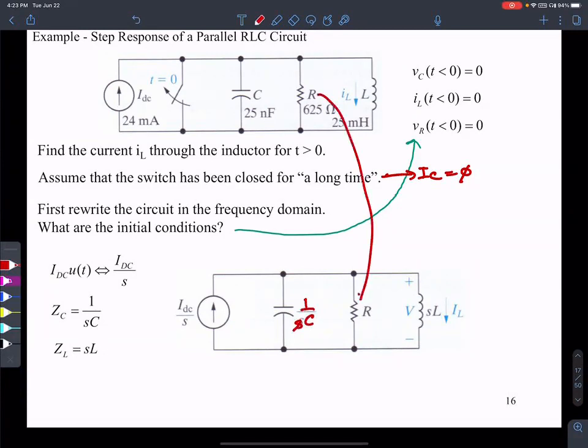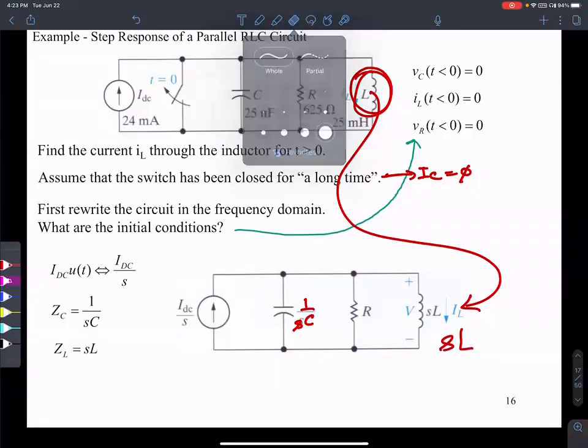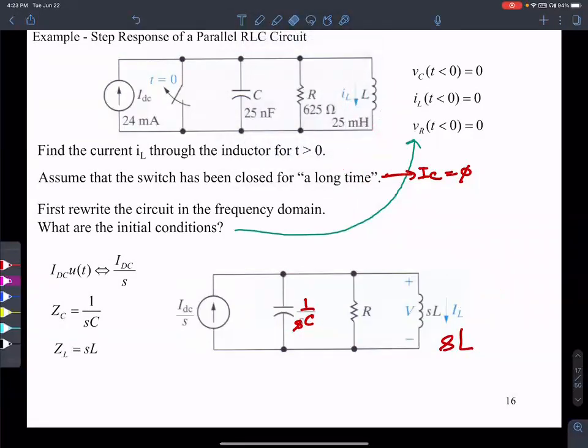So this resistance is this guy. This inductor is replaced using SL, because the initial condition is given to be 0.